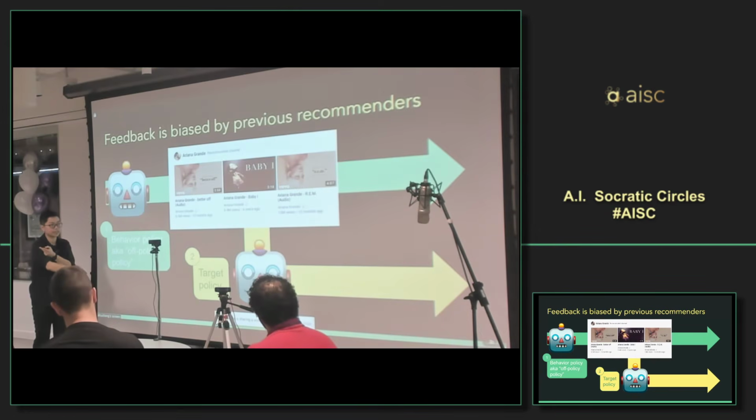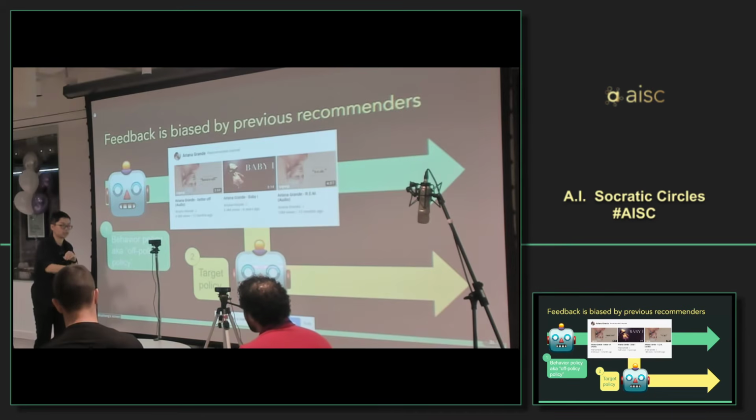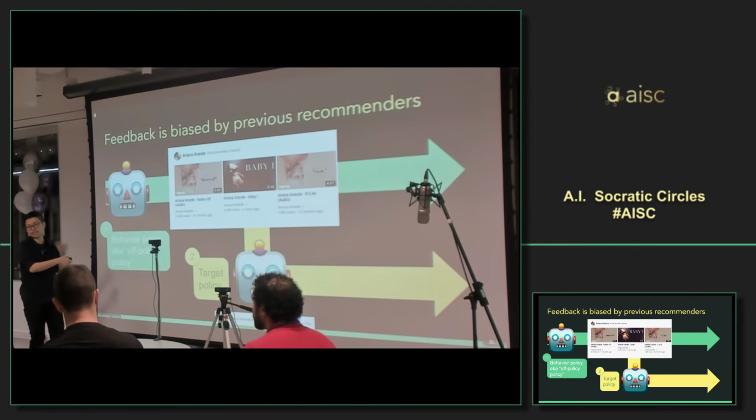So I'm doing the same behavior. This behavior is still logged into the training of target policy, right? But the same behavior could have different reasons for appearing in the training data. So they want to find a way to detect and downweight the behaviors in this trajectory that are more likely to have come from here. Because it's really hard to say, right? That's the purpose of that off-policy correction.